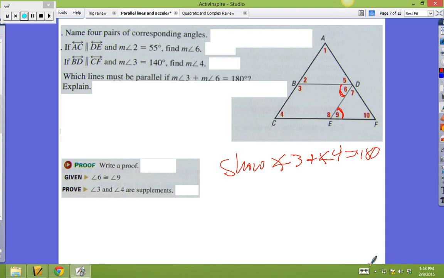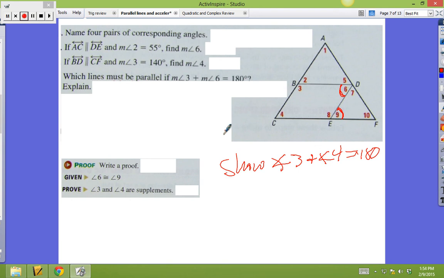They're supplementary. How are we gonna do this? If you know 6 and 9 are congruent, we want to show 3 and 4 are supplementary.